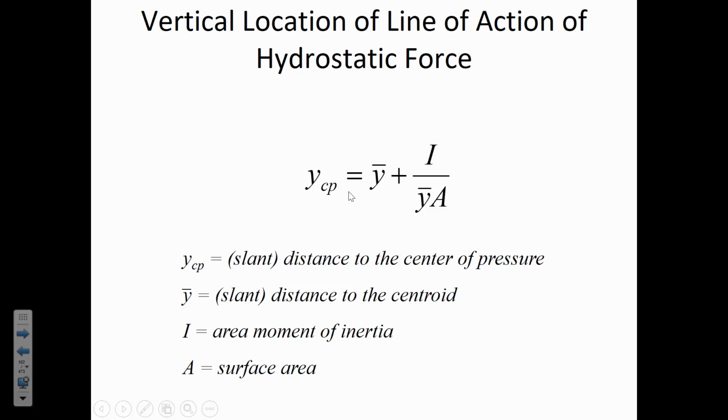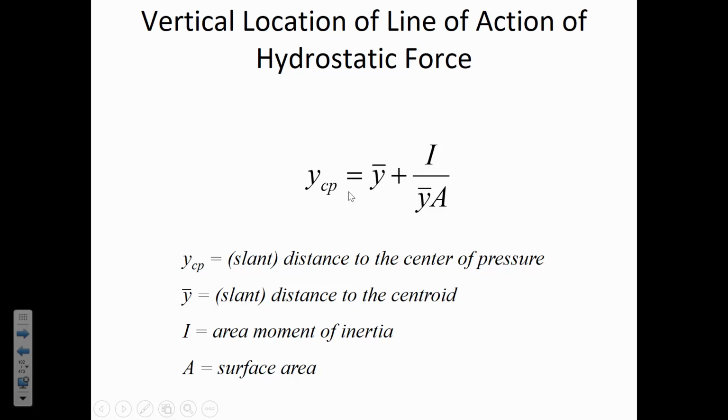And so going back to this formula, another way that we'll sometimes use it is sometimes we'll ask how far apart is the center of pressure and the center of area. So we could rearrange that formula to be YCP minus Y bar is equal to I divided by Y bar A. And what that allows us to do is say, if I zoom in on this plate a little bit, here's the center of area, here's where the force is applied.